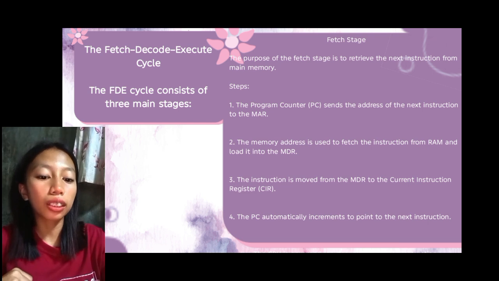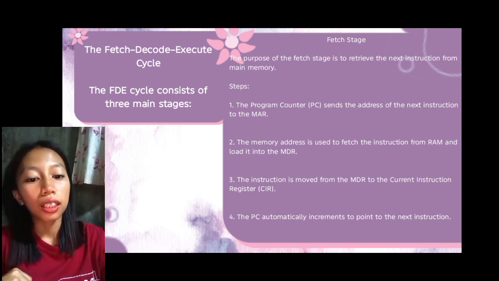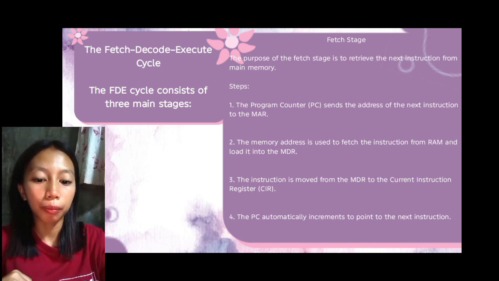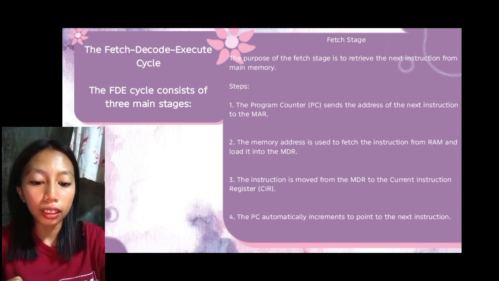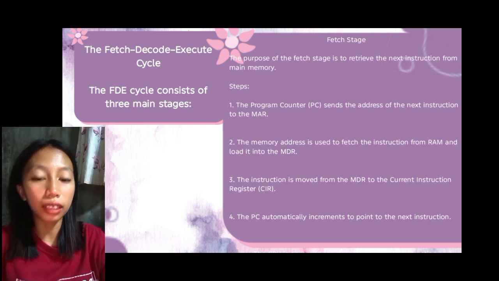Number two, the memory address is used to fetch the instruction from RAM and load it into the MDR. Number three, the instruction is moved from the MDR to the current instruction register. Number four, the PC automatically increments to point to the next instruction.